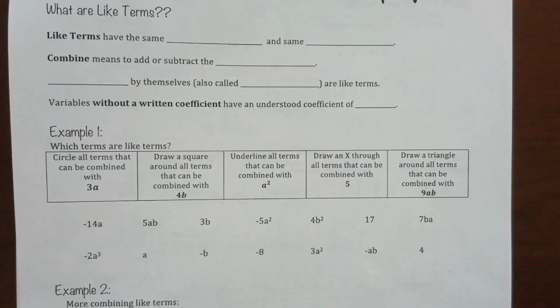But the question here is, are they like terms? Oh, yes. Because do they both have an m? Yes. Do they both have an exponent of 7? Yes. So these being like terms, all I need to focus on is what number? 2. What kind of 2? Negative 2. And what number over here? Negative 3. So what am I typing into my calculator? Negative 2 minus 3, right?